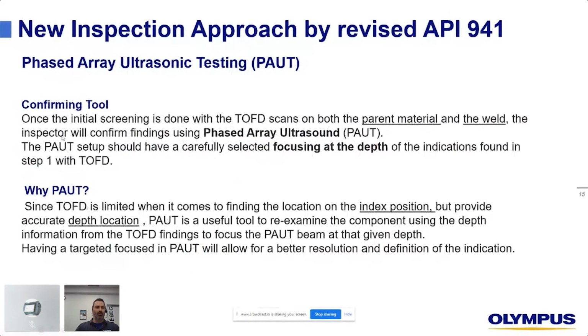Phased array can be used as a confirming tool. Once the initial screening is done with TOFD on both parent and weld, the inspector will confirm findings using phased array ultrasound. Why should we use TOFD first? Because phased array will be used with the appropriate settings, meaning appropriate angle and appropriate focusing depth as well, to have the maximum resolution and sizing capability.